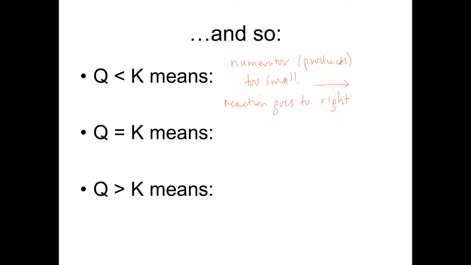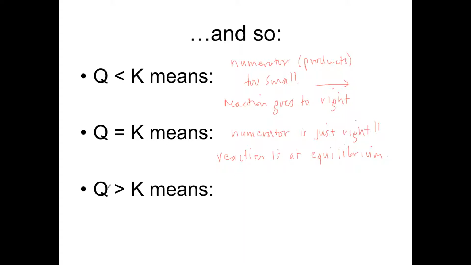It goes in that direction. It gives more products. Okay? If Q is equal to K, that means the numerator is just right. The reaction, can you read my writing? Is at equilibrium.